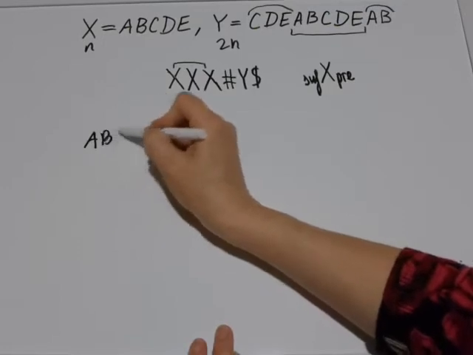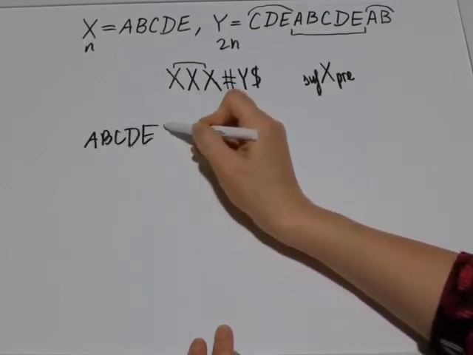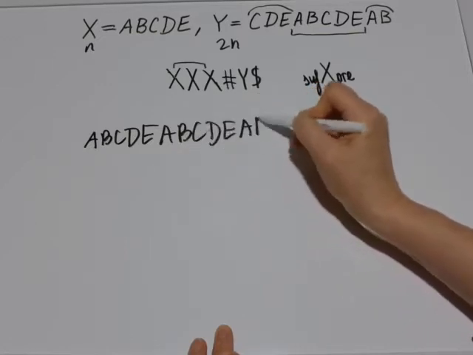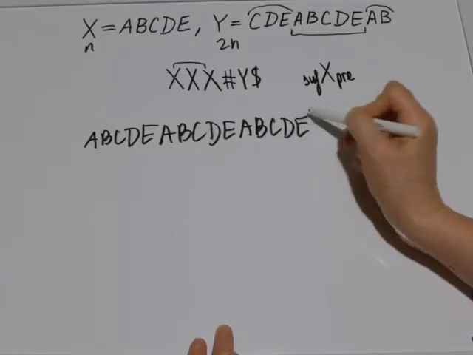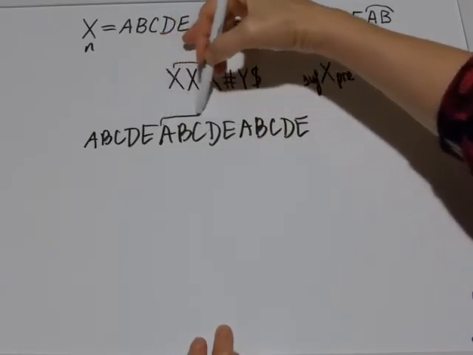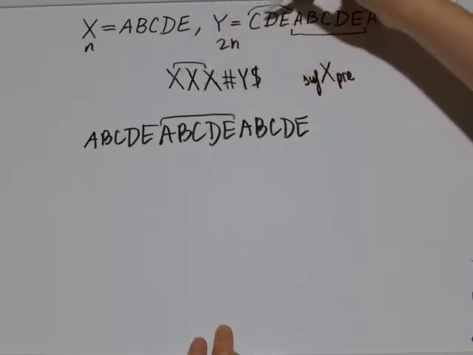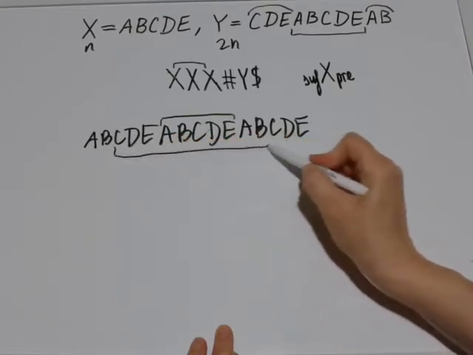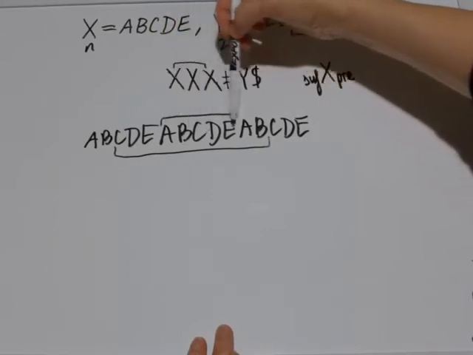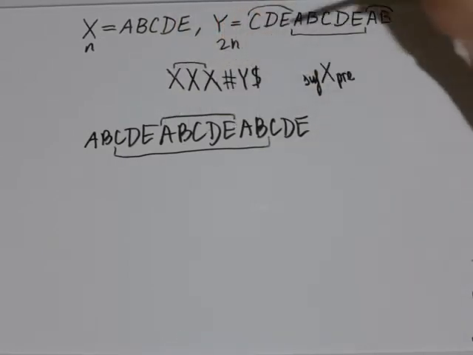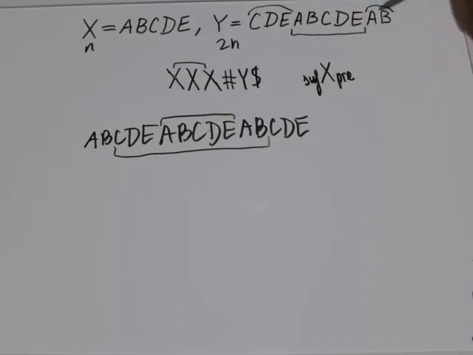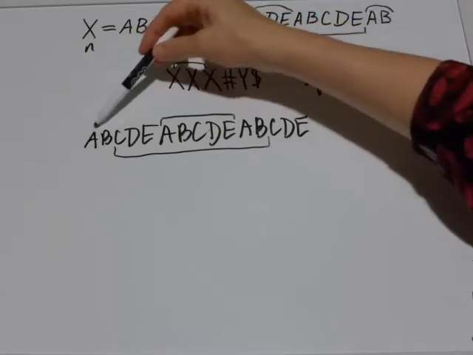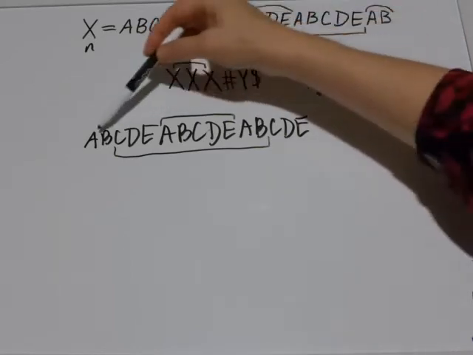So if we have A, B, C, D concatenated with A, B, C, D, concatenated with A, B, C, D, you can see that this is our internal x, and if y is C, D, A, B, C, D, A, B, then this would be your y. In fact, whatever the suffix is and whatever the remaining prefix is, if y has that shape, then you will have y inside of this string.